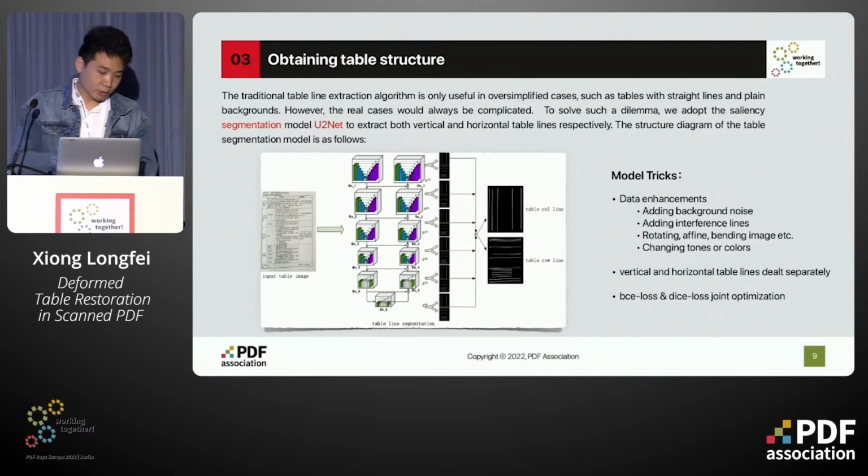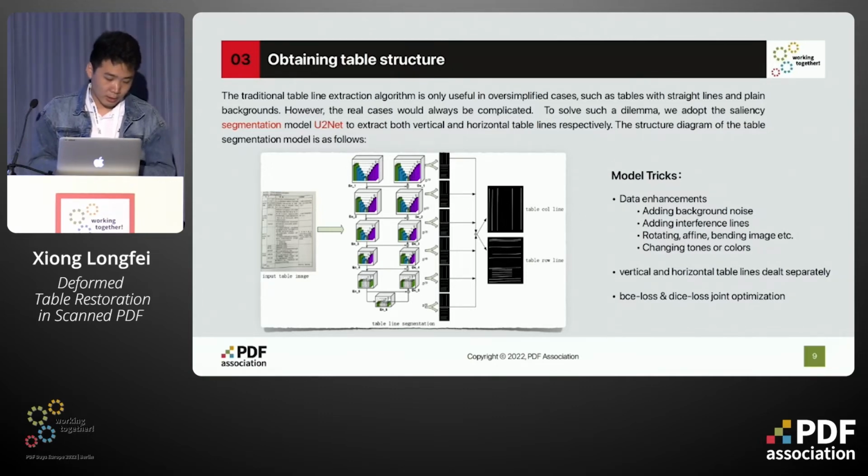Here I want to show you the skills of model training. The most important thing is data enhancement. In the production of training data, we used a variety of enhancement methods to expand the generated virtual data and labeled real data by adding background and interference noise and all kinds of transformations like rotating, affine, bending, and color changing.